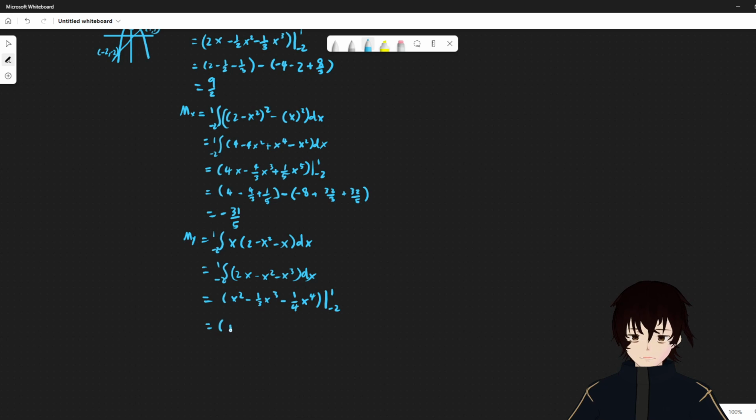That's going to be 1 minus 1/3 minus 1/4 minus 4. Now I'm panicking about negative signs. Plus 8/3 minus 4. All right, so get 1 minus 1/3 minus 1/4. Something doesn't look right.